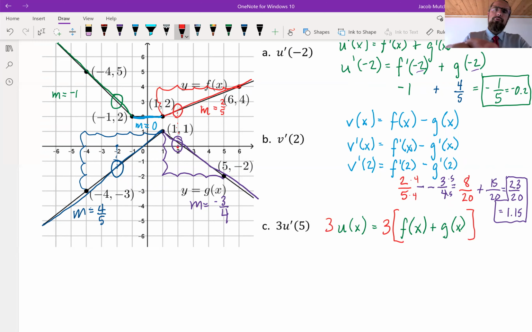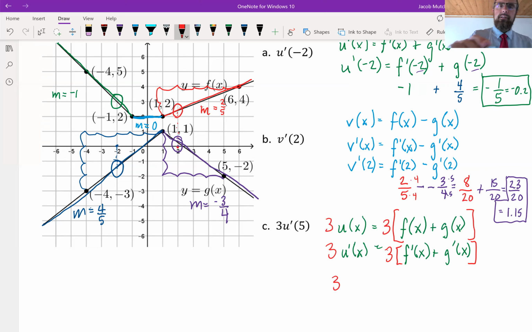Same holds true for the derivative. So if I have the derivative of u of x, which is going to be the derivative of f of x plus the derivative of g of x, if I place a constant multiple out front, it'll treat the right-hand side, the sum part, the same. I just put the 3 and then brackets around that whole sum. Well, this is at 5. So again, we'll set it up.